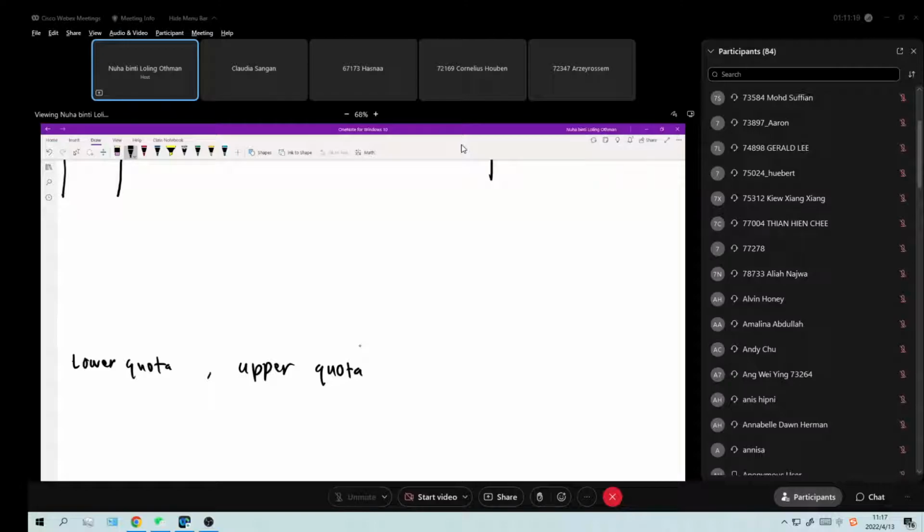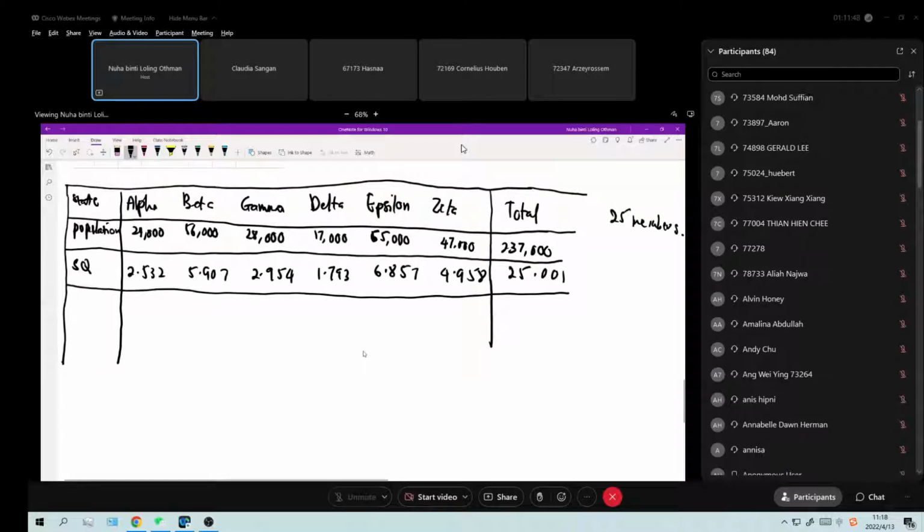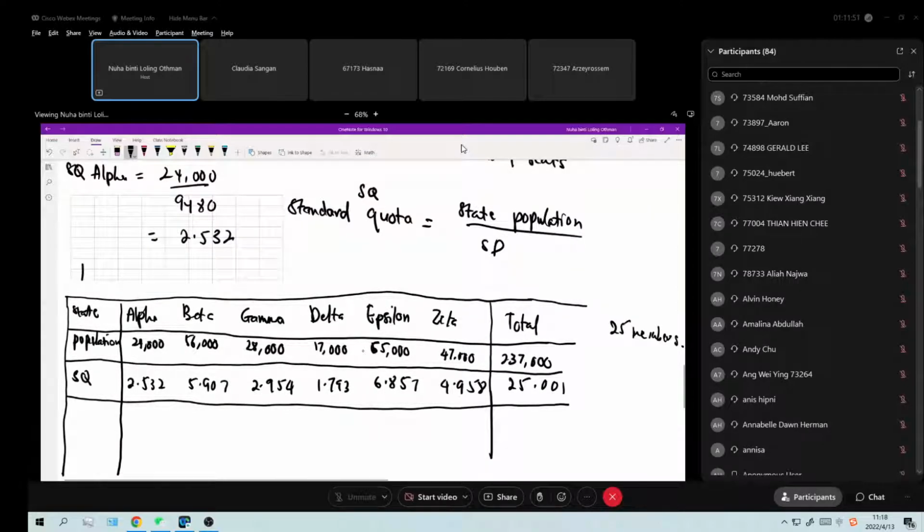Another one, the Adams method, uses the upper quota, and the Webster method uses the round up and round down that you already know. If it is 0 to 0.4, you just round down. If it is 0.5 and above, you round up. That is for the Webster method. So here we start with the Hamilton method first.